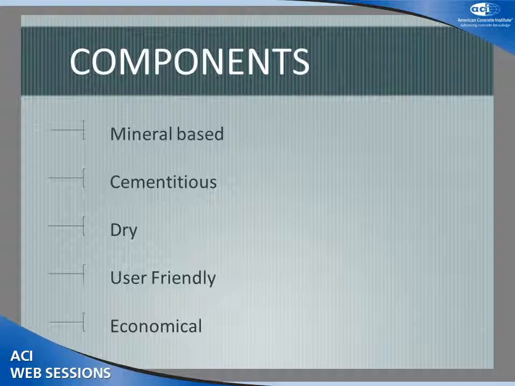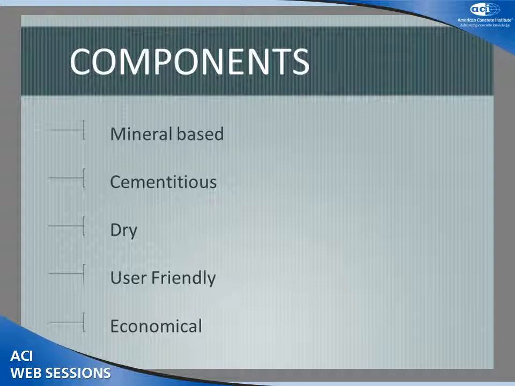The core purpose that we've talked about even today of shrinkage-compensating components is to create an expansion mechanism in the concrete mix. As long as that expansion induced in the concrete mix is equal to or slightly greater than the anticipated shrinkage of the concrete mix, the concrete will never go into tension and shrinkage cracking will not or cannot develop.